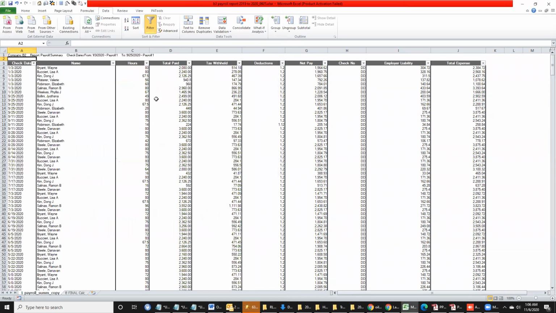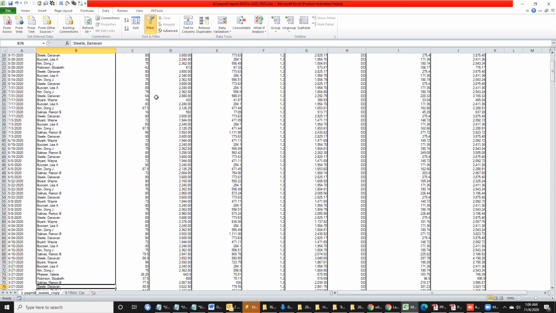So this is a payroll report where, in this example, this company had one vendor in 2020 for payroll software provider and a different vendor for 2019. So we have already merged the two into one.